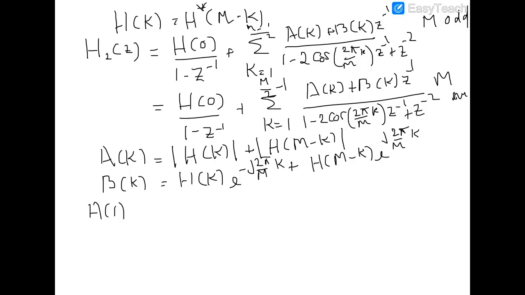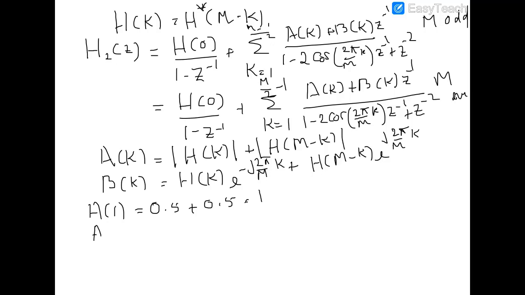a1 is equal to the magnitude of h of 1, which is 0.5, and h of 4 is also having a magnitude of 0.5, so it works out to be 1.